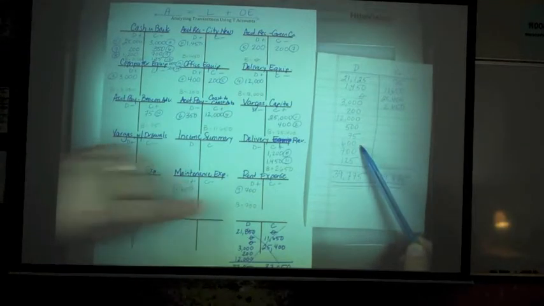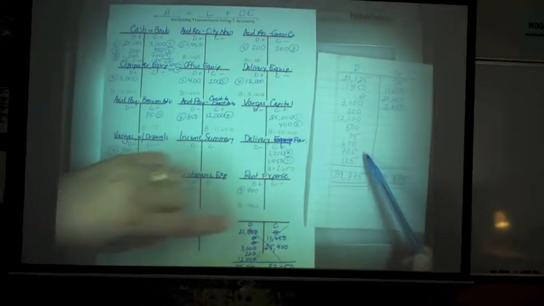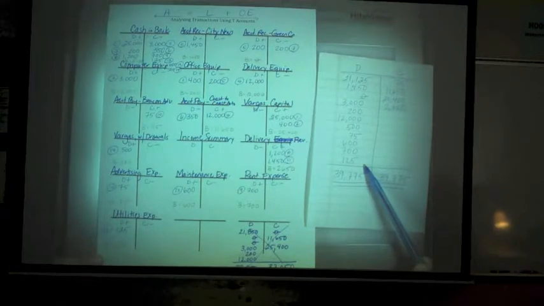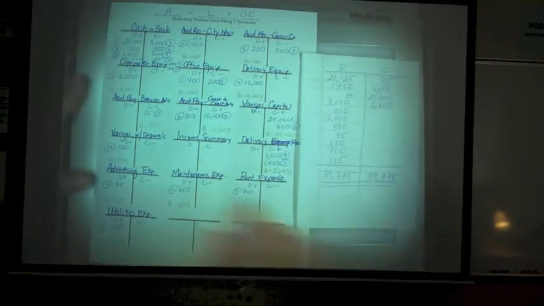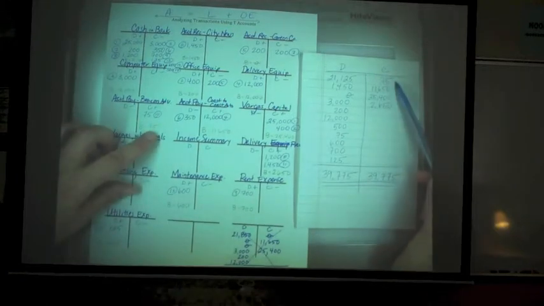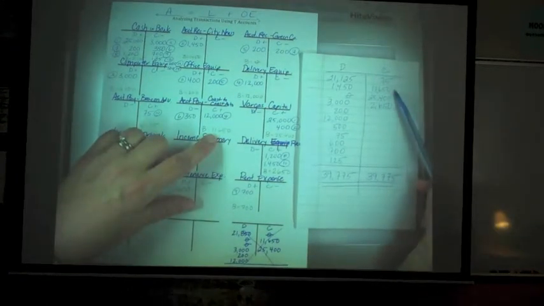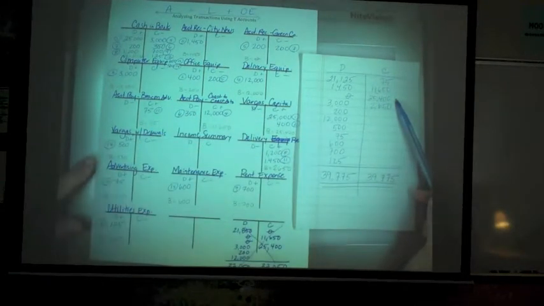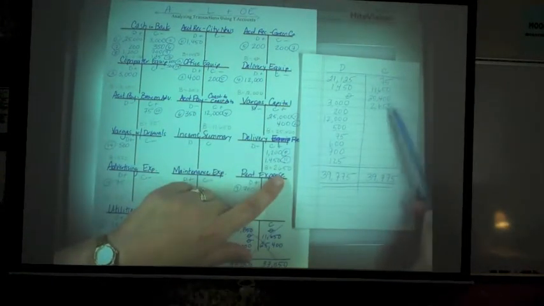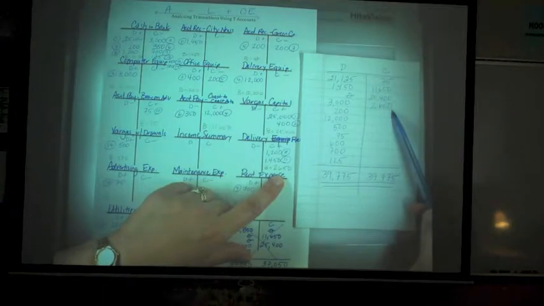Maintenance expense for 600, rent expense for 700, and utilities expense for 125. Then on the credit side, I went to my first credit, which was a 75. Then 11,650, capital was 25,400, and then you have to come over here to delivery revenue for 2,650.